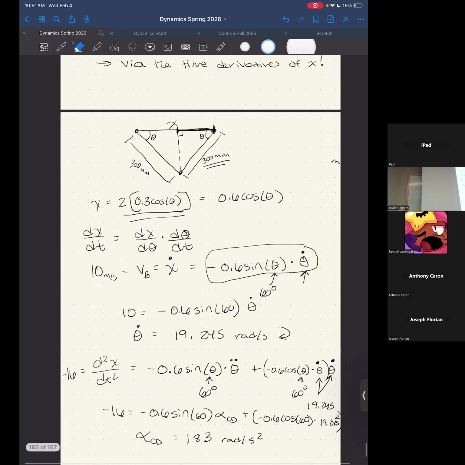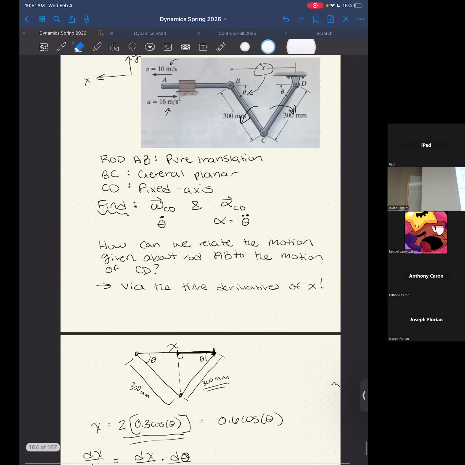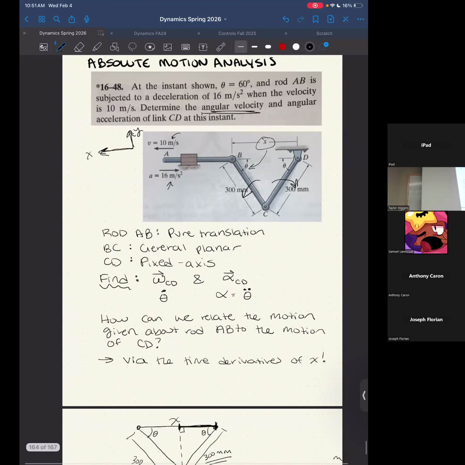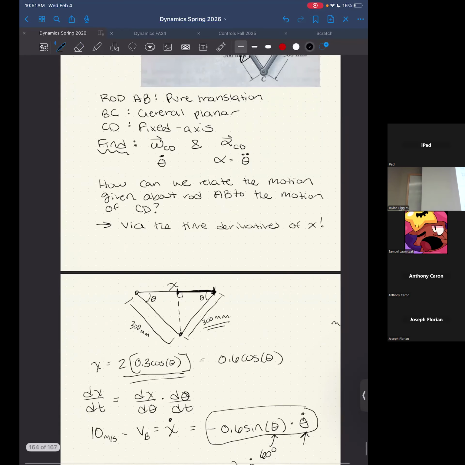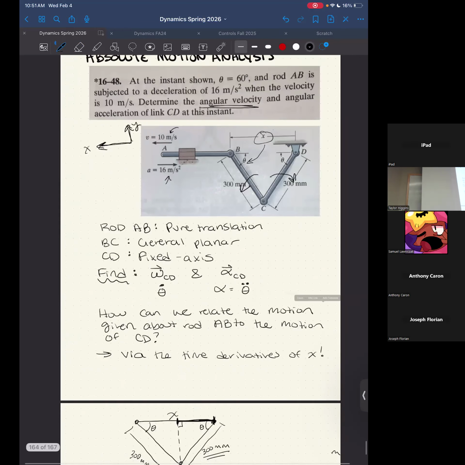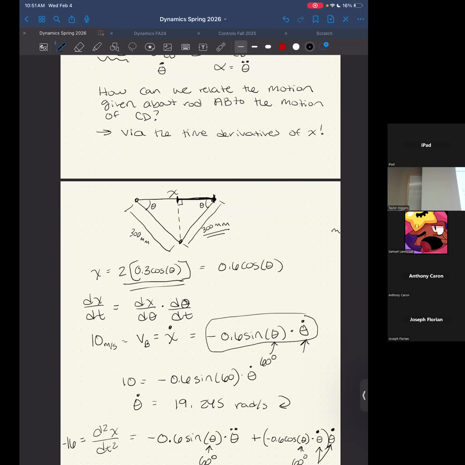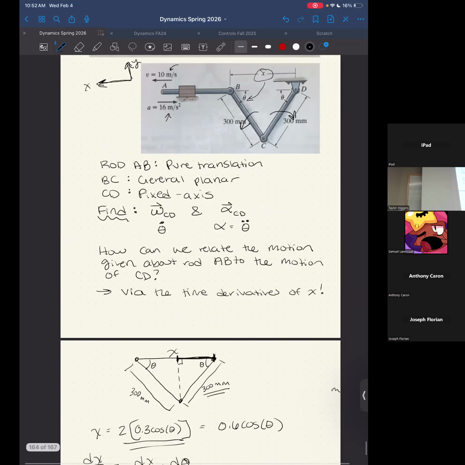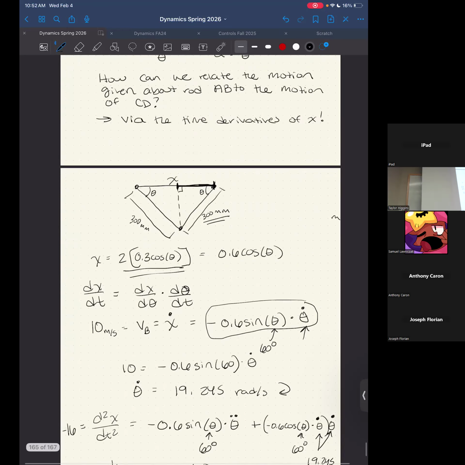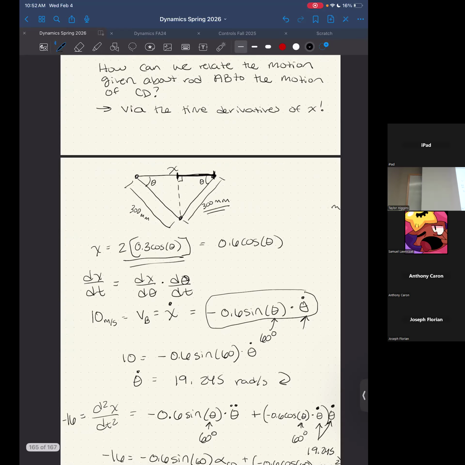The way that we did this coordinate system, by assuming X is to the left and Y up, if you do the right hand rule, that puts positive Z into the page. I'm not sure where I messed up on signs. The book said it should be clockwise 19.24 radians per second, but if that were the case, then we should have gotten a positive theta dot.